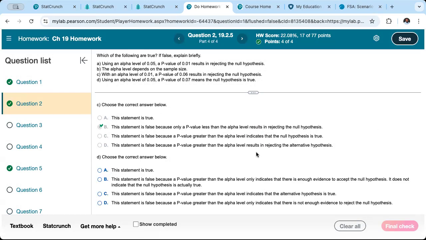And then let's do D. We have an alpha level of 0.05 and a p-value of 0.07. Is the p-value low or high compared to the alpha level?